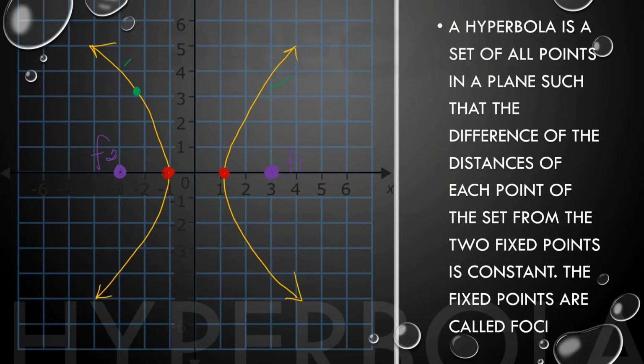So, ito yung distance 2 and distance 1. Kung subtract natin yung D2 from D1, ito daw ay equivalent to 2A. So, 2A, ito yung transverse axis. Ito yung A and A.